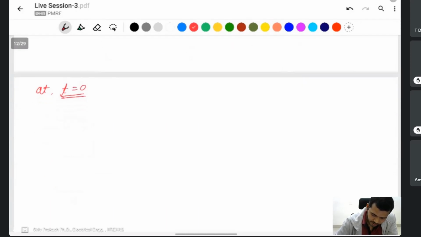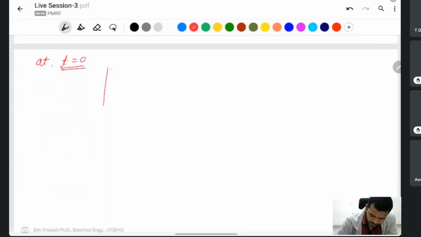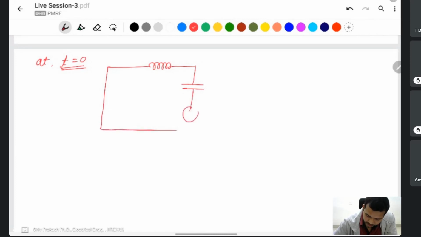Let me rewrite this. A capacitor with initial voltage can be written like that, with VC naught. If you transform to the Laplace domain, the inductor is given by sL and the capacitor by 1 over sC. Current flows like that.